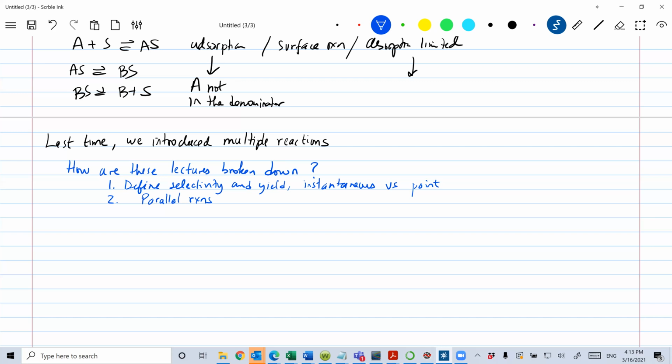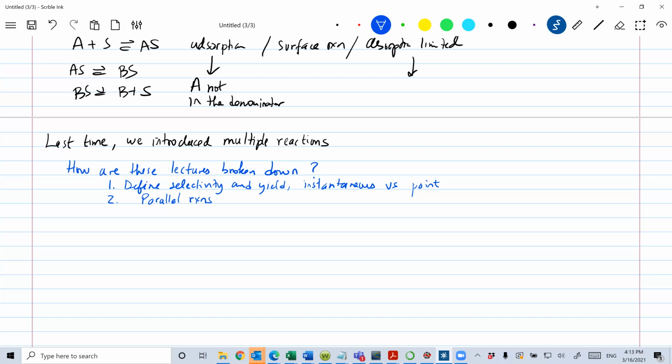And then the next set of problems, which are actually a lot of them in subchapter 7 in the book, is, can you calculate selectivity given these conditions? Like you have a reactor with 1,000 kilograms of catalyst, and you feed A and B at these molar flow rates, and you have this temperature and this pressure.